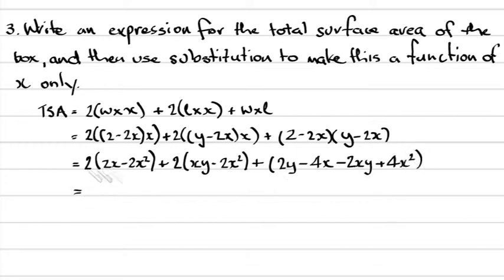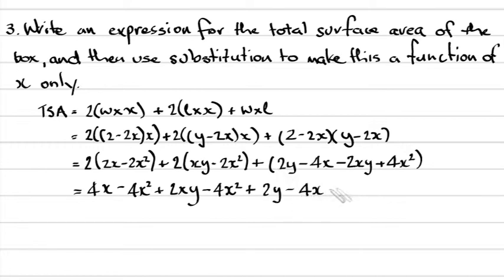And then doing our final expansion there now, take the 2 through the brackets, 4X minus 4X squared, take the 2 through the brackets again, 2XY minus 4X squared, plus 2Y minus 4X minus 2XY plus 4X squared. Extremely careful with our signs here, we don't want to lose a negative sign.